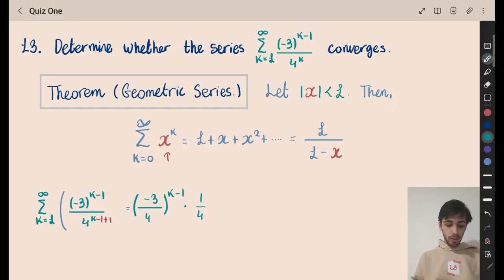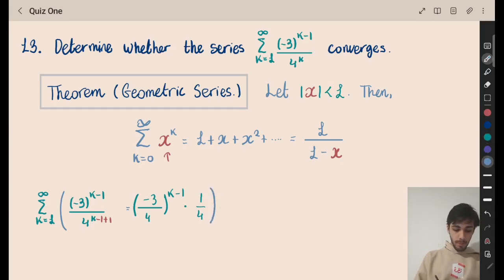So in other words, 4 to the k is equal to 4 to the k minus 1 times 4. This is all happening in the denominator. And I take the 4 to the k minus 1 in the denominator and I combine it with the numerator to get this expression. So this seems like a good way to move forward.